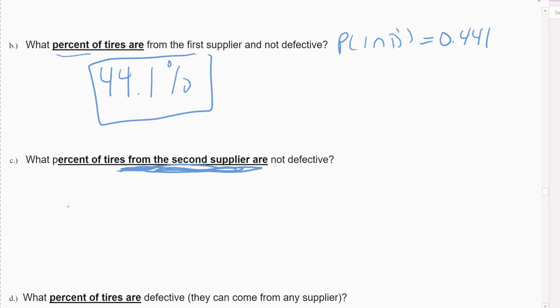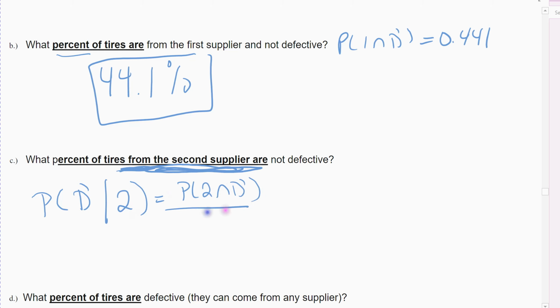Well, this one is a probability on the tree, and you can go pull it off the tree if you want to. I'm going to set up the formula, because I think it's a good rule of thumb to always do the formula. So the probability it's not defective, given it came from the second guy, is the probability it's the second guy and not defective, over the probability it came from the second guy.